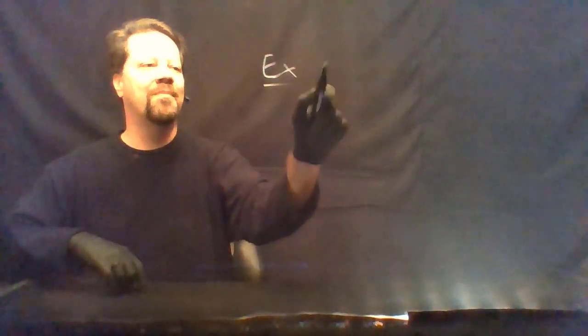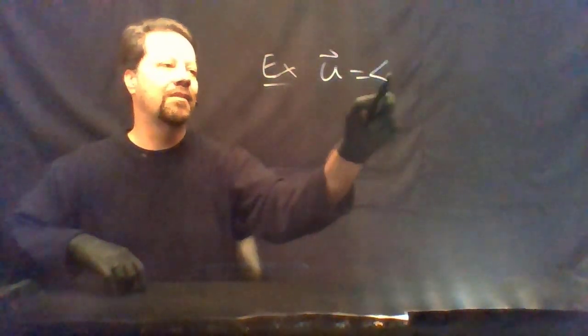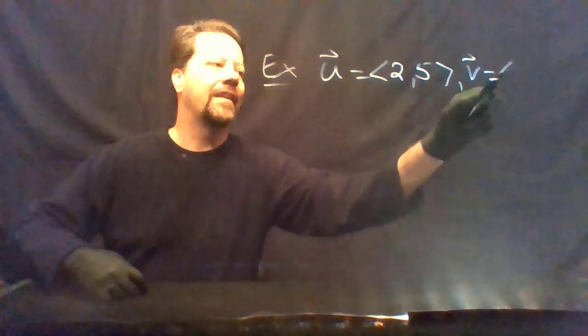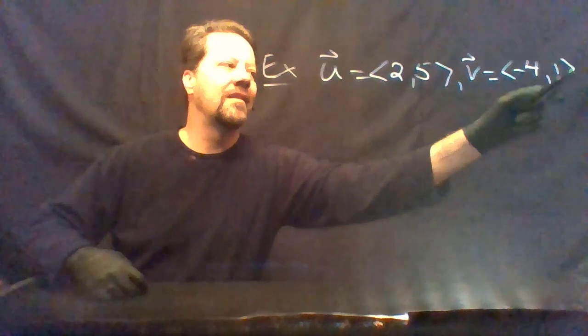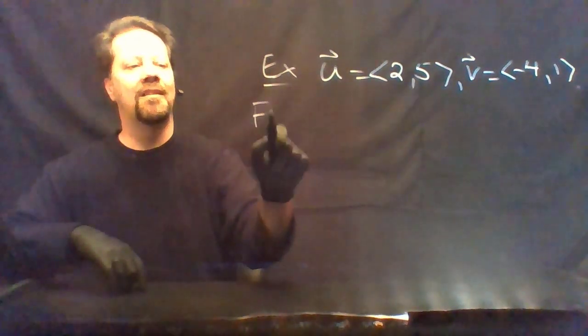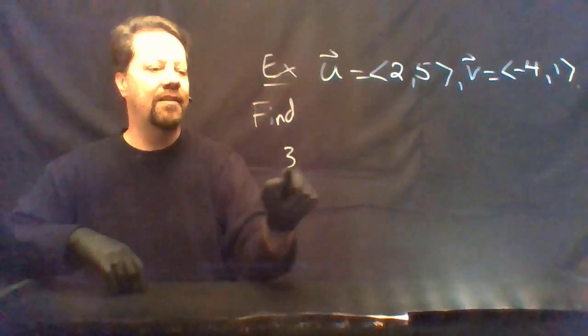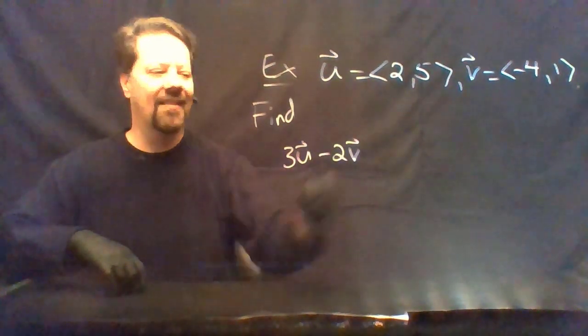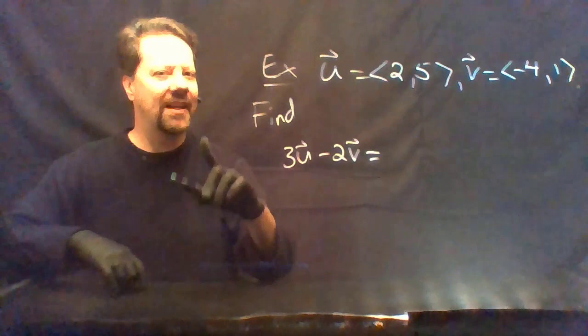As another example, suppose u is the vector, say, 2, 5, and v is the vector negative 4, 1. Let's find 3u minus 2v. Let's do this one step at a time.